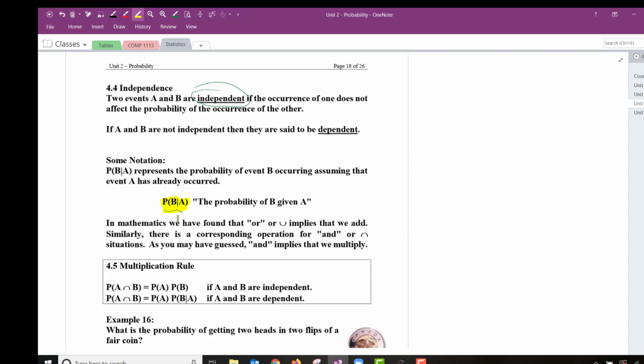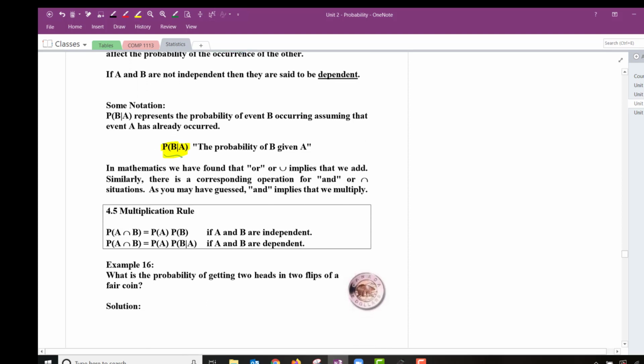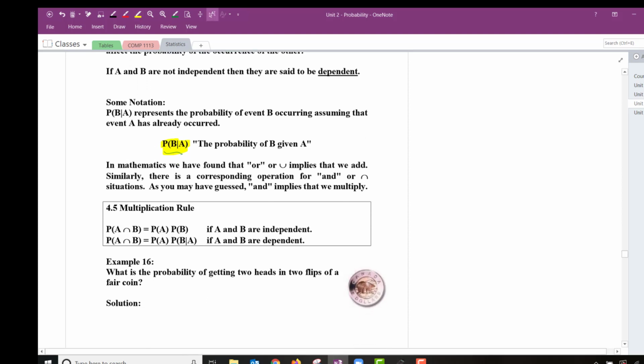Now that we have that dependence notation, it allows us to come up with the multiplication rule where we're doing something repeatedly. What's the probability of A happening and then B happening? This intersection notation is a little confusing. In the addition rule, it meant simultaneously, and in the multiplication rule, it means in some sort of order, A happening and then B happening.